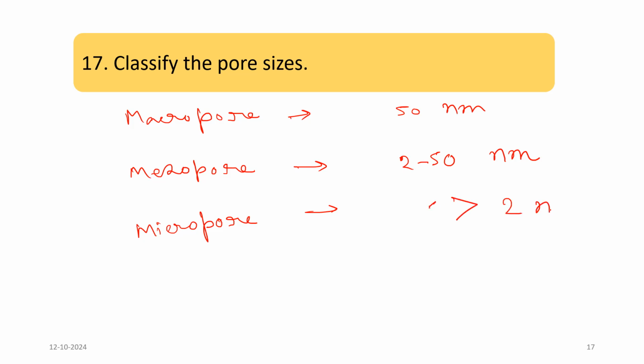Next, what adsorbent is used as desiccant in packing?